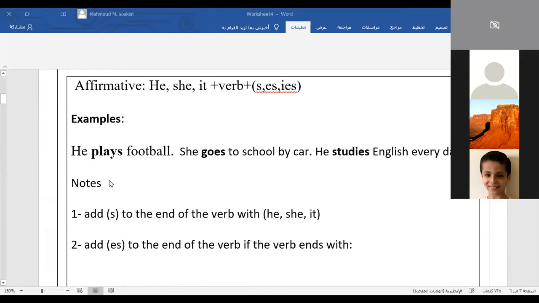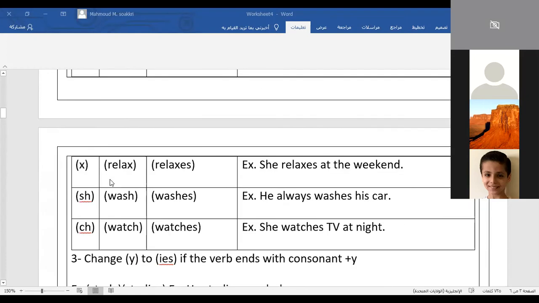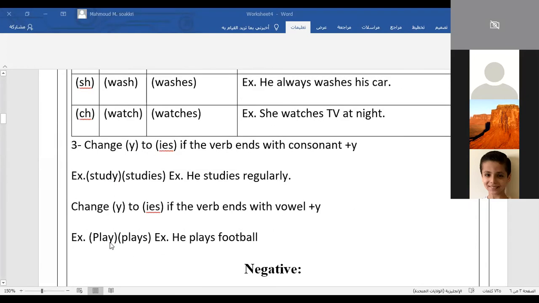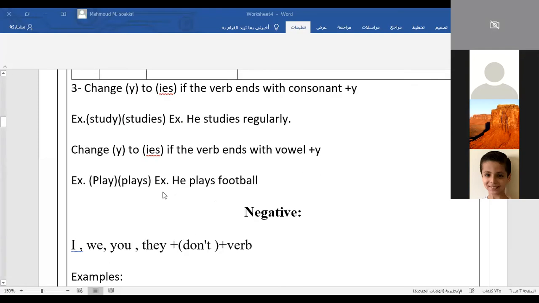If we have vowel letter before Y, we keep it as it is. For example, play, plays. We didn't change Y into IES. We keep it as it is.